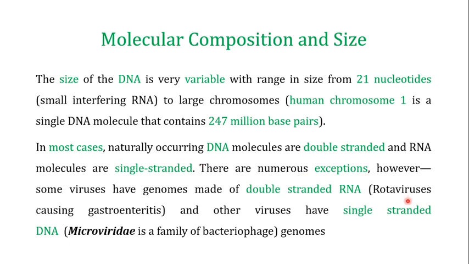For example, the rotaviruses, which are responsible for causing gastroenteritis in human beings, have a genome made up of a double-stranded RNA as compared to the single-stranded RNA. And a special family of the bacteriophages known as the microviridae have a genome made up from the single-stranded DNA.